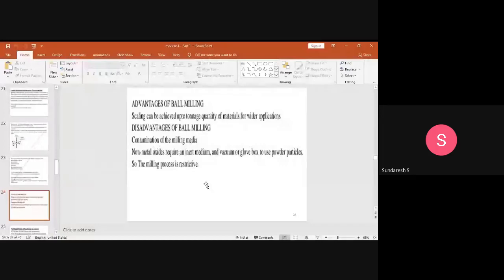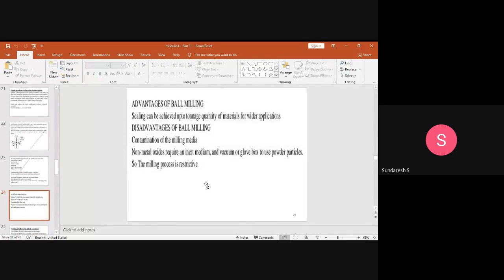Then disadvantages of ball milling. That is contamination of the milling media. Non-metal oxides require an inert medium and vacuum or glove box to use powder particles. So the milling process is destructive. The most important thing is the contamination.